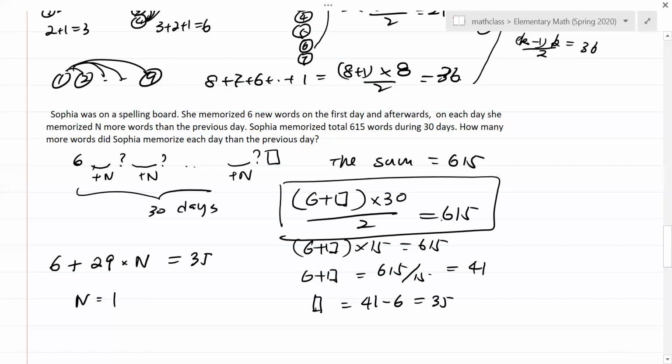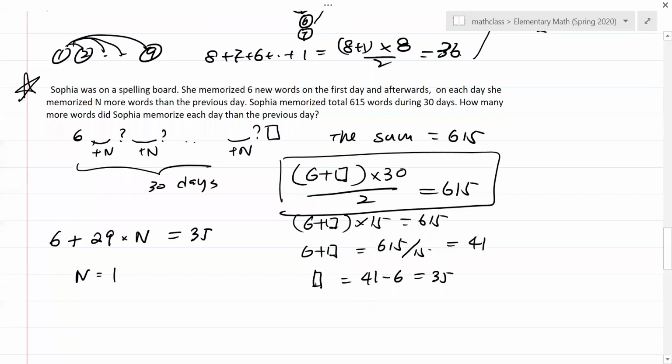So you figure out that number, and that's 35. Now once you're given 35 and you know the number of days, how to get this unknown number n, which can be only 1, because 6 plus 29 is 35. I put a star here. This is a difficult problem.